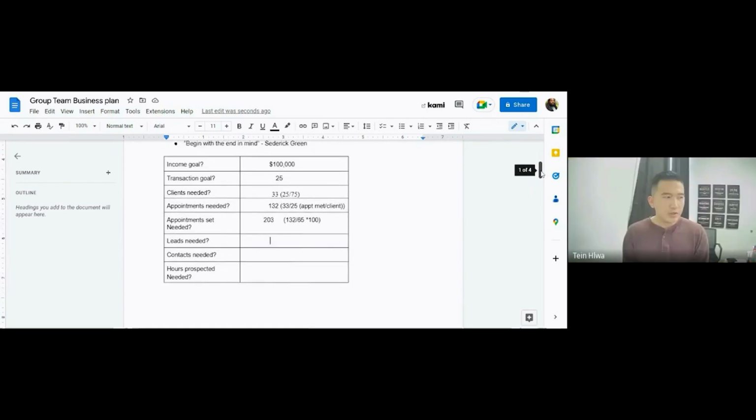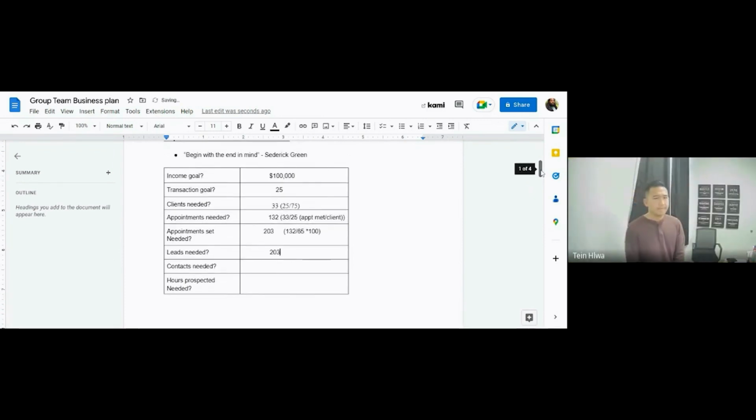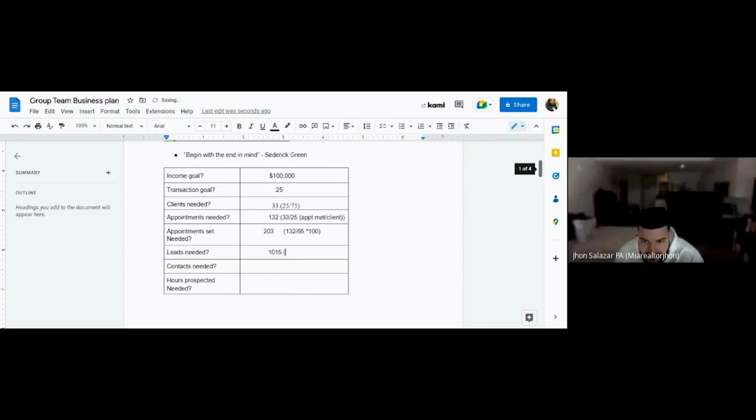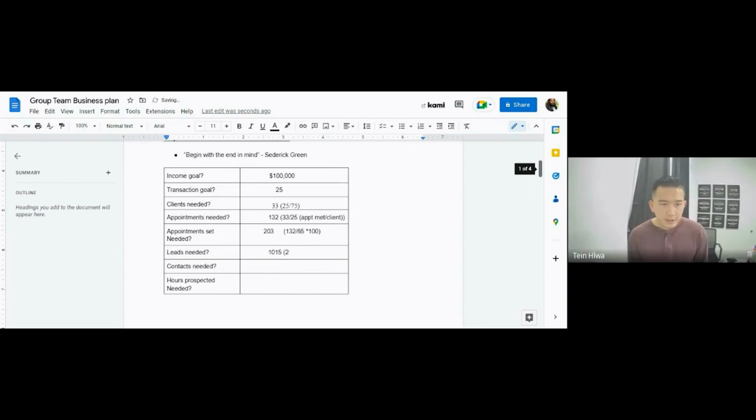So 203 divided by 20%. I just do the percent because it gets you right to that number instead of doing the times 100. That gives you 1,015. Put the comma. And then scroll down.